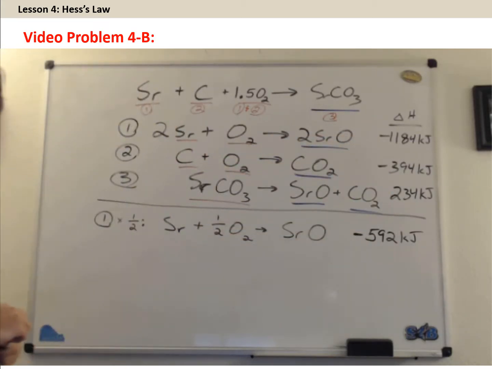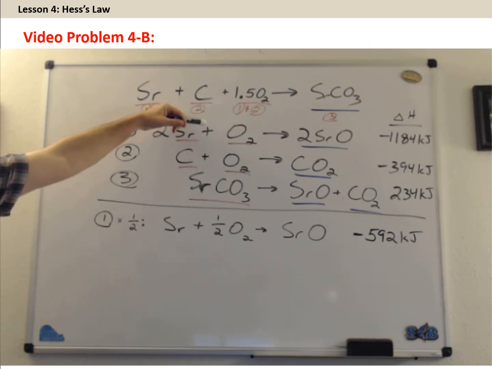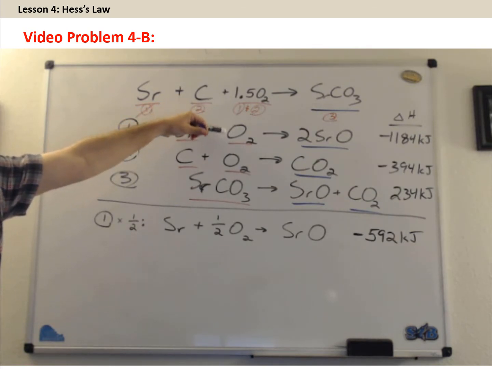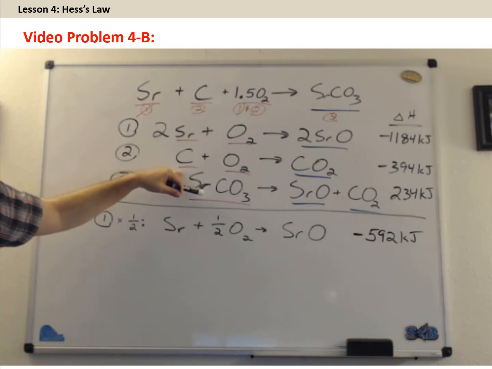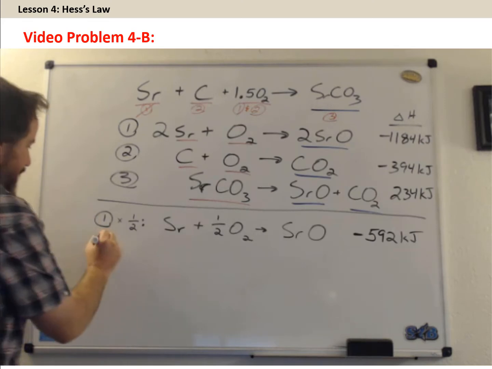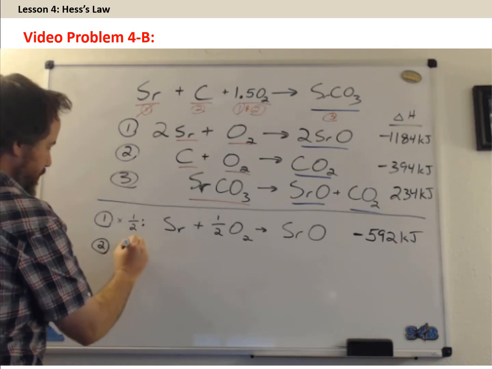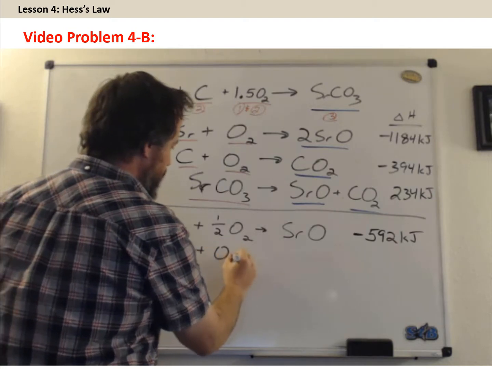All right, so now strontium's in the right spot. Carbon: I have 1 carbon as a reactant here, so I don't actually have to do anything to number 2 to get that one right. I'm just going to copy it down.